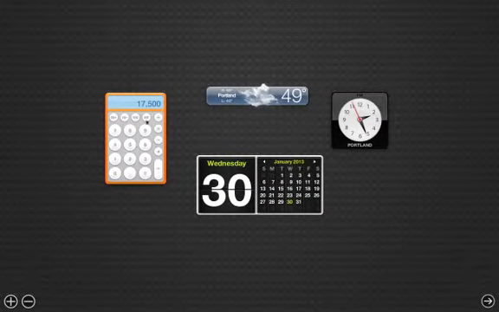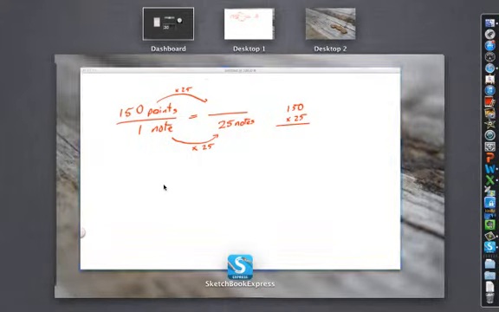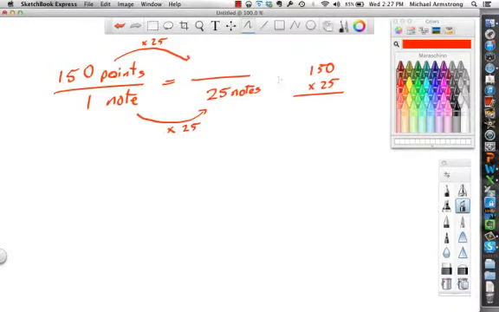I'll clear this out. 150 times 25 is 3,750. So this is 3,750 points. And circle your answer. Okay, that's how it works, and that's how this assignment works. I think that you're ready to go.